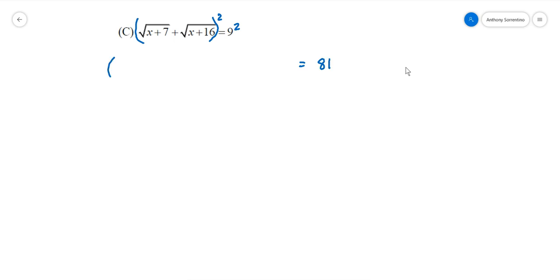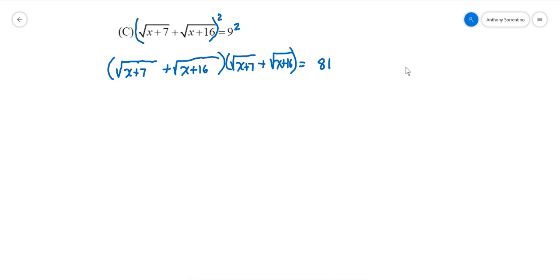The left-hand side, I have to think of it as I'm doing x plus the square root of x plus 7 plus the square root of x plus 16 times the square root of x plus 7, oh, getting a little ahead of myself there, plus the square root of x plus 16.